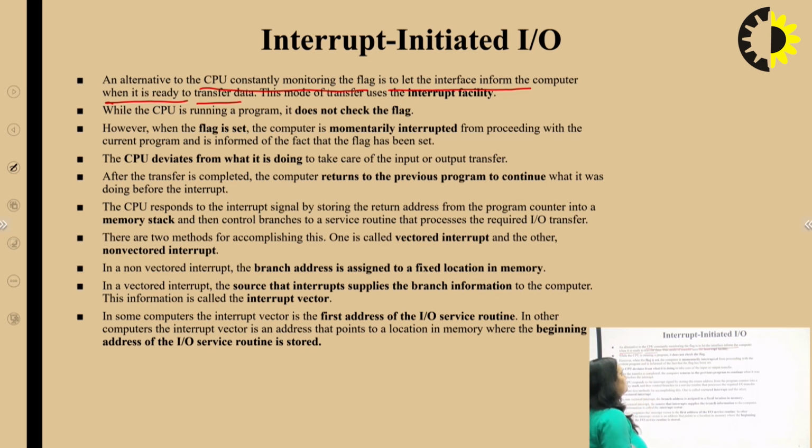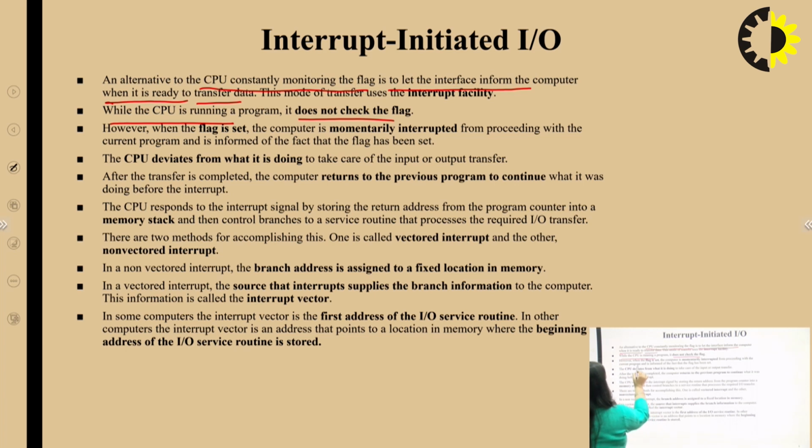That's why this mode of data transfer uses the interrupt facility and is known as interrupt-initiated input-output. While the CPU is running and executing any program, it does not check the flag now in interrupt-initiated input-output.